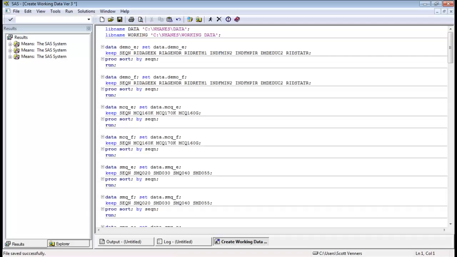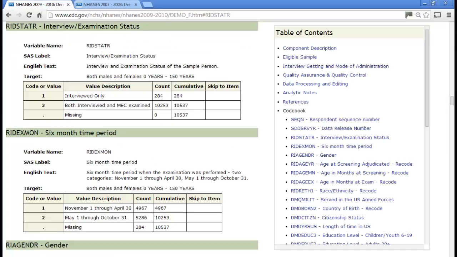So here I am in the SAS program again. And the first thing that I want to do is make sure that I have all of the variables that I need. Now, if you are using the interview group or the interview and MEC group, then you can use this variable from the data set that's called RIDSTATR.